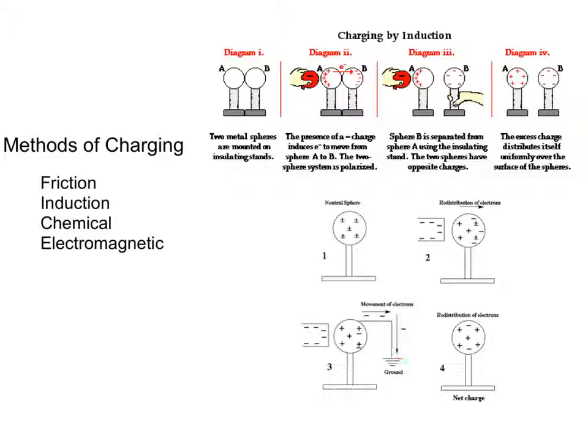Then if I ground it, aka I take a wire, I connect it to it and connect it to the ground, that gives a place for the electrons to escape, to be able to run even further away, right? So they run even further away down into the ground. When they do that, now this is left with a net positive, so whenever you take away the negatively charged rod, I have a positively charged sphere left over.